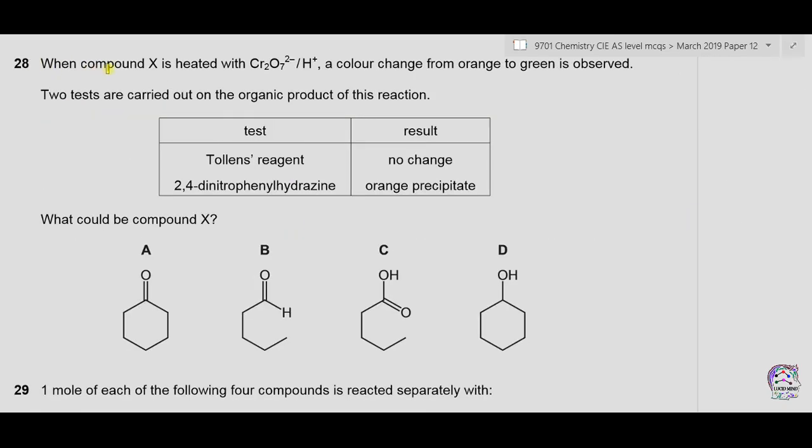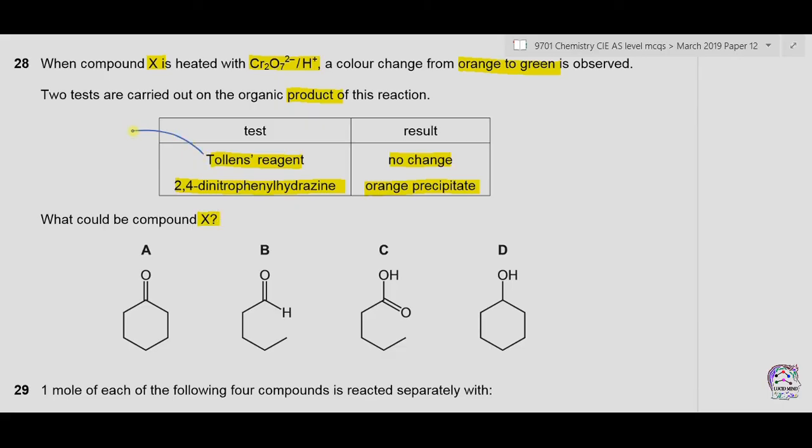Question number 28. When compound X is heated with dichromate in the presence of acid, a color change from orange to green is observed. 2 tests are carried out on the organic product of this reaction. The first test is Tollens' reagent and the result is no change. The second test is 2,4-DNPH and the result is an orange precipitate. What could be compound X?